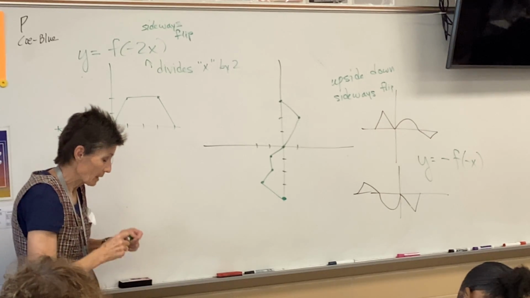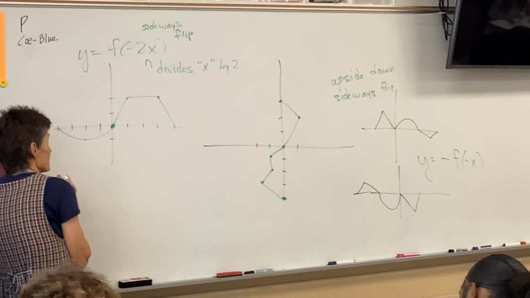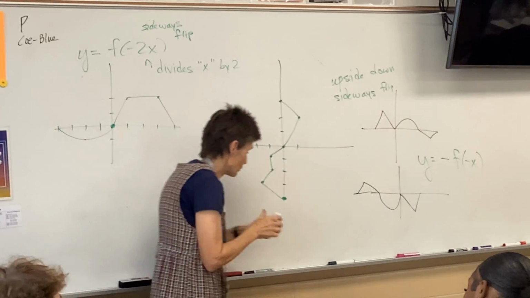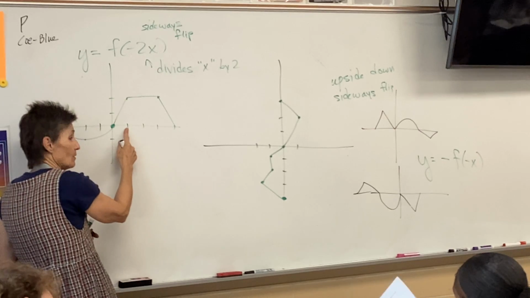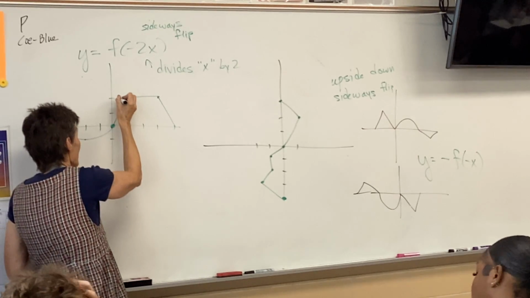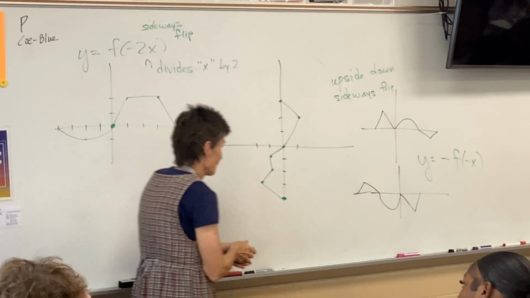Now, I have to take all of my x's and divide them by 2. So, what's this x right here? 1. So it's going to become 1/2. I'll use a different color to show you better.